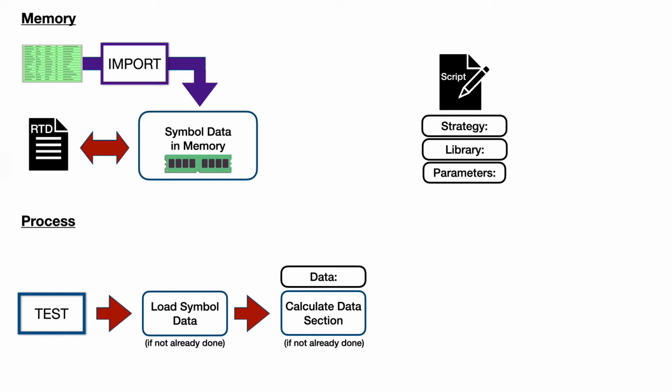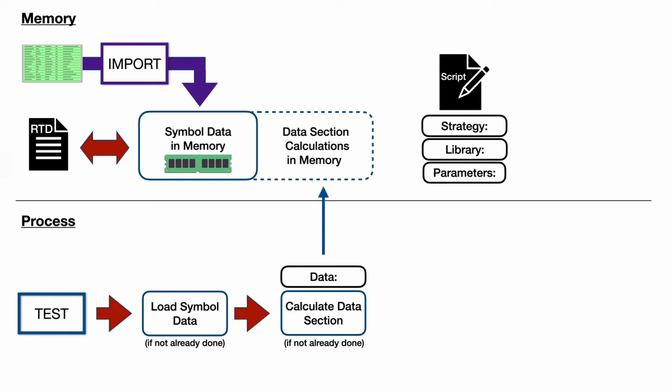Having done that, it places it into memory alongside the symbol data, where it's really quick to access. Very importantly, RealTest only loads symbol data and only does the data calculations if it doesn't have those already in memory. So it's not going to repeat this process every time you press the test button.